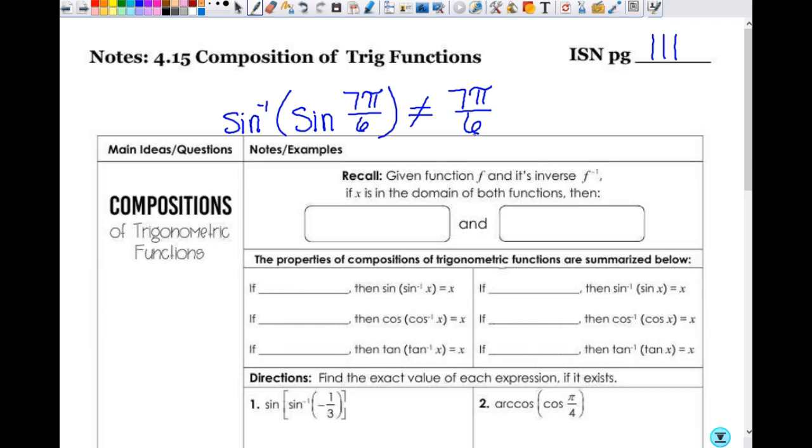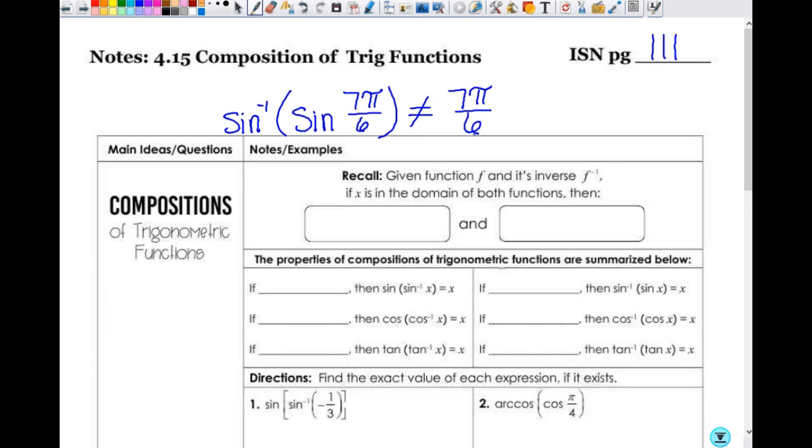You can only go from negative pi halves to pi halves. Does that make sense? When I take the sine, cosine, and tangent, I can take it of any of the infinite amount of angles. But when we go the opposite way and take the inverse, you are limited to angles that go from negative pi halves to pi halves. Okay? Does that make sense to you? They can have the same value, but that is very restricted because of that graph. It wouldn't have been a function.